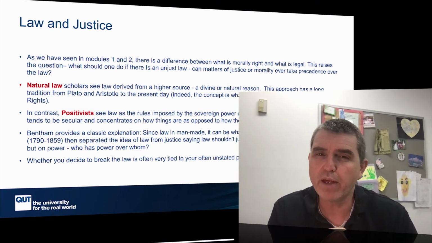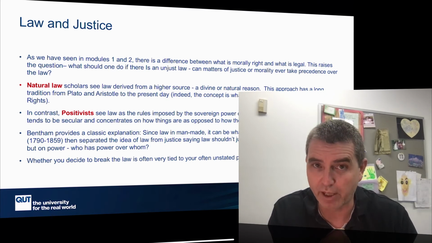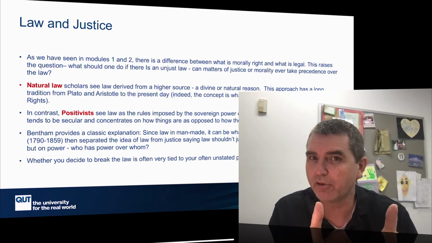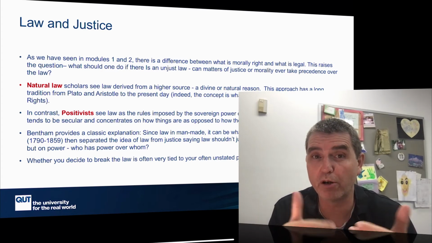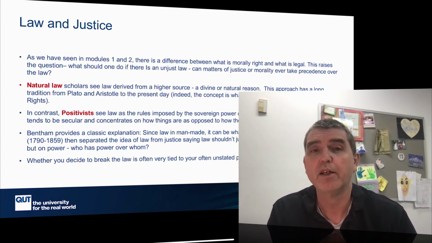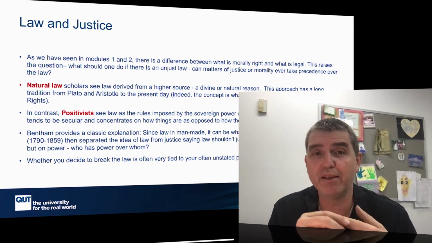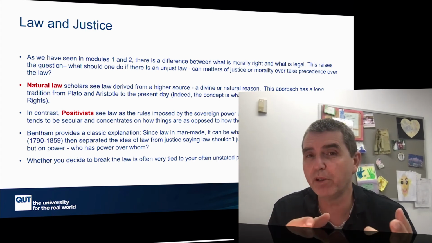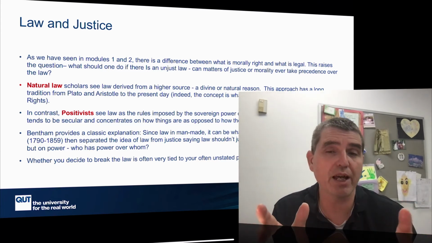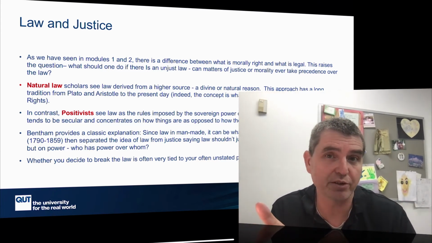Now, whether you feel it is morally justified to break a law probably has a lot to do with your philosophical orientation to law. So broadly speaking, there are two approaches. There are people who believe in natural law. People who believe in natural law believe the only valid laws are those that are just, for instance.